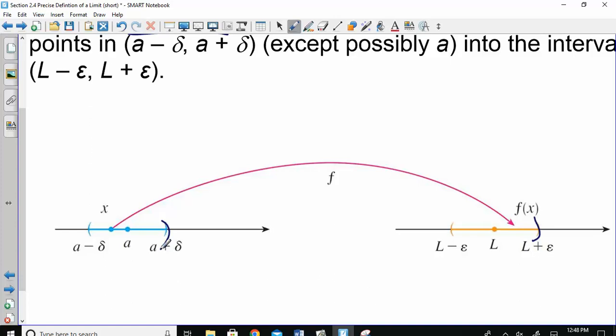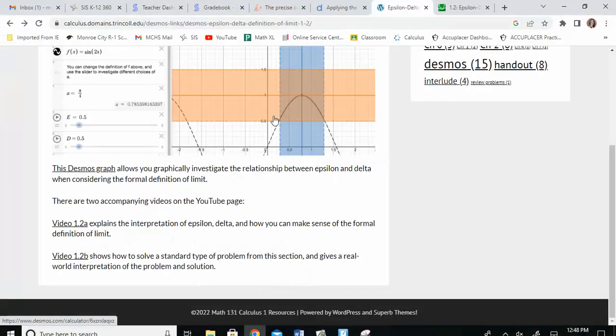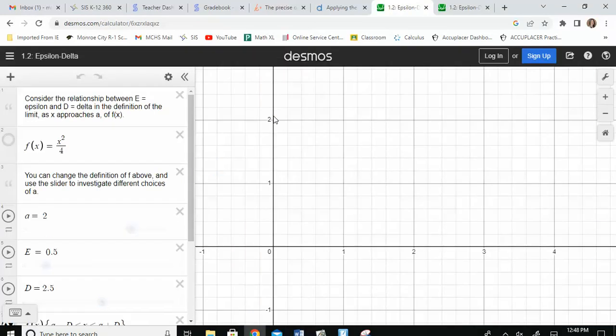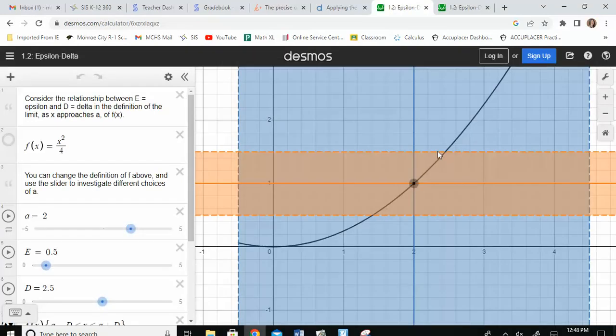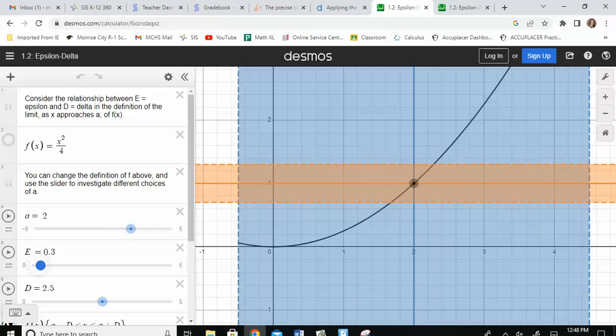If we look, okay, so this one, my epsilon, that's measured by this orange.